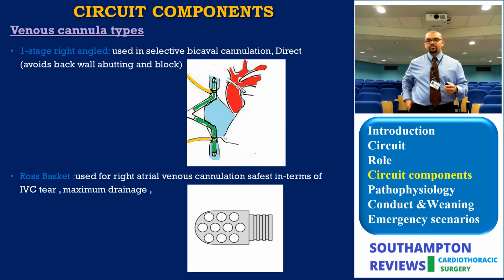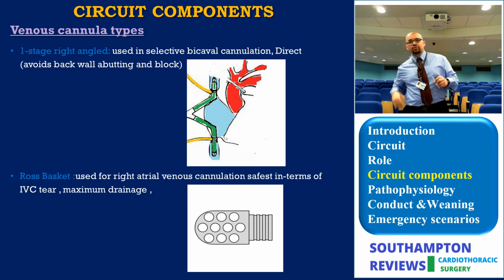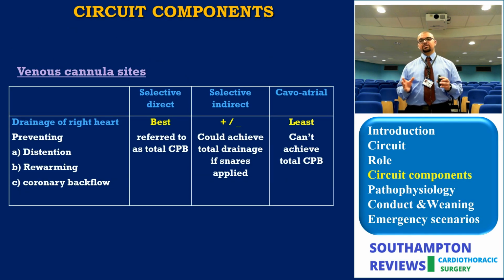So when do we use these various forms of cannulation? As I said, different surgeries will require different strategies of cannulation. It all depends whether you are opening the right side, whether you need to fully decompress the right side or not. Drainage of the right heart achieves full decompression, avoids distension, avoids coronary backflow.